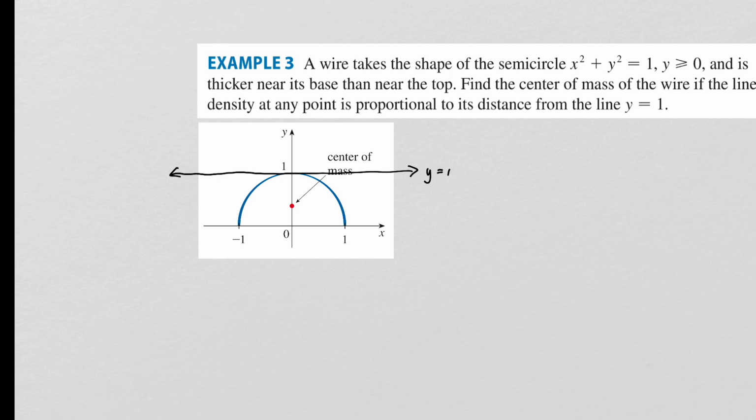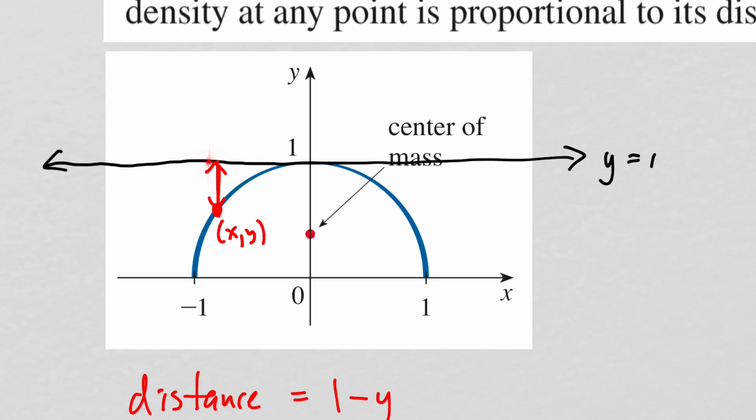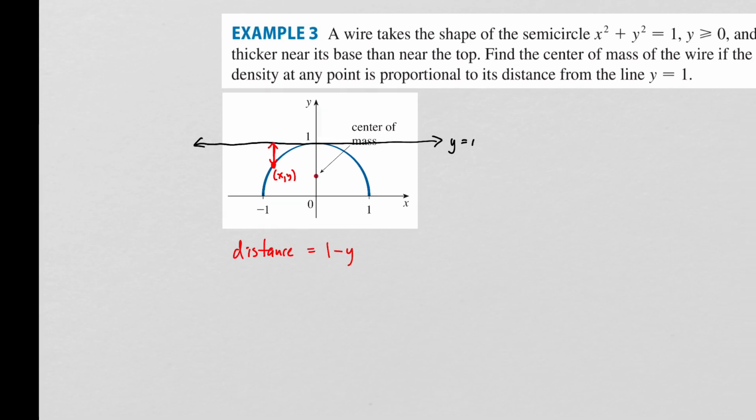So if I pick a point on this curve, the distance between y equals 1 and this point, for some random point x, y, that distance is simply going to be 1 minus the y coordinate of that point, right? So here's y equals 1, here's y equals y. We're just subtracting 1 minus y.